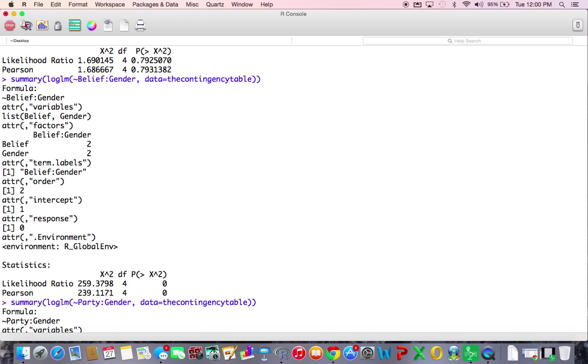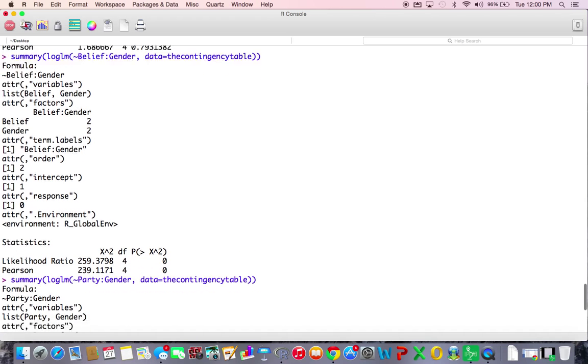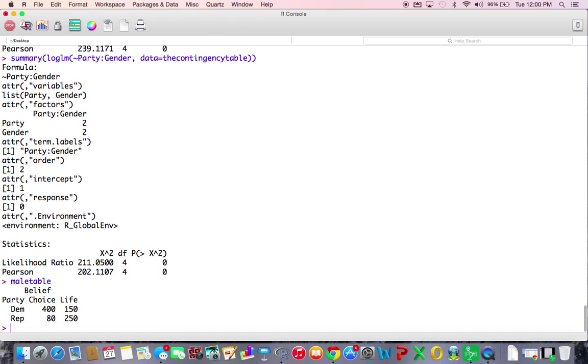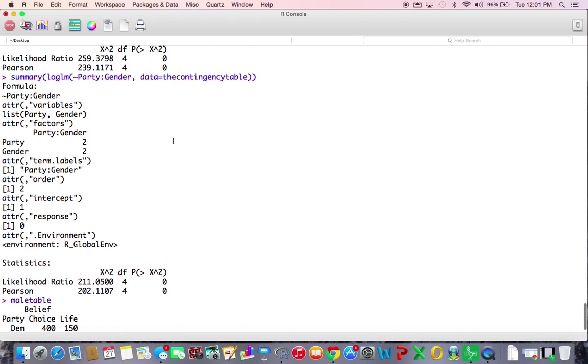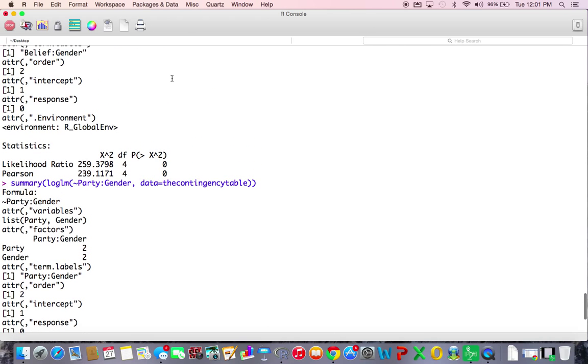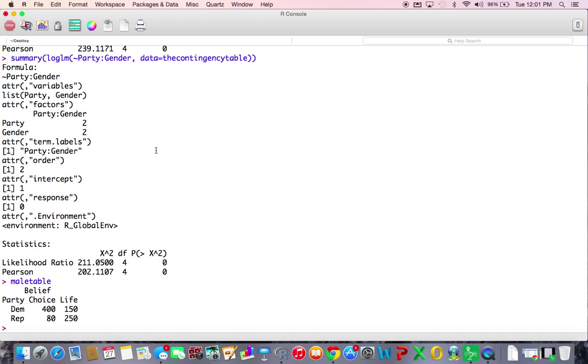Let's see. Well, I tell you what, I'm going to have to study a little bit on R. What I actually want to do is run some chi-squares, but I want to run those just across belief and party, and I want to run those separately for male and female and show you something. I know what's going to happen when we take those across gender. We're going to see something kind of cool happen.